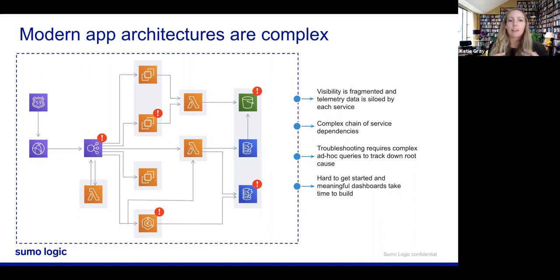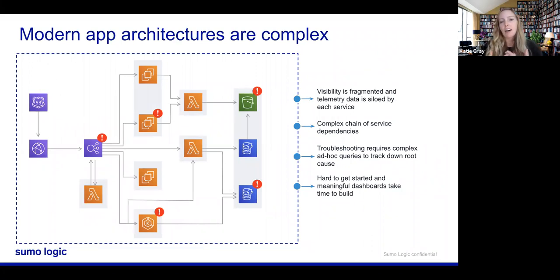So often you'll get an alert for maybe S3 or something happening with Lambda or DynamoDB, but that might not really be the root cause of what's causing an issue in your environment. So how do you actually trace backwards to understand what actually caused the initial issue? And that's one of the things that we're going to be talking about today.